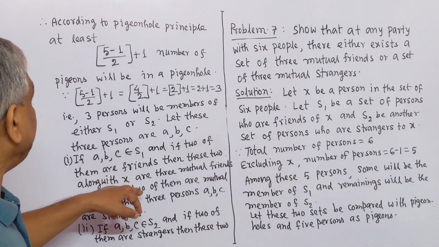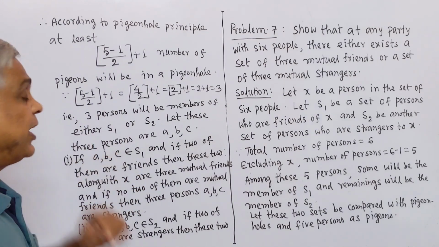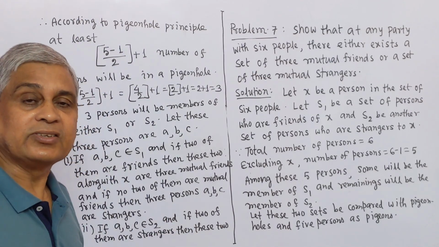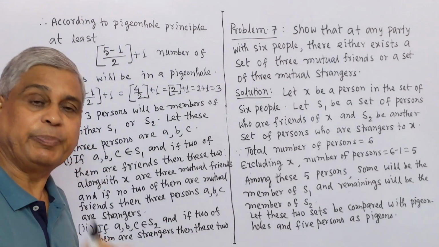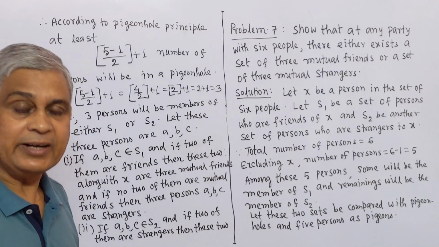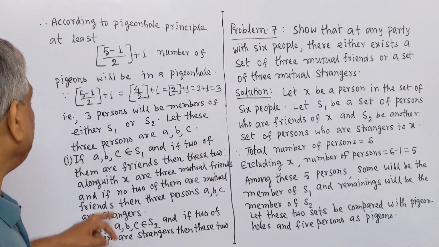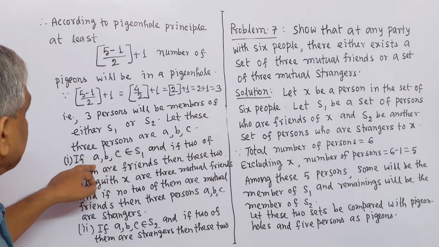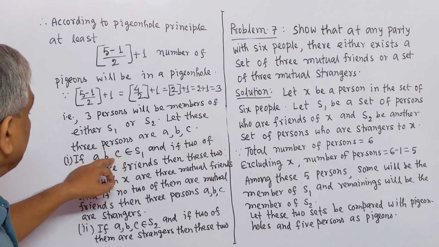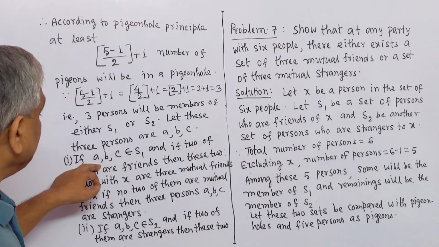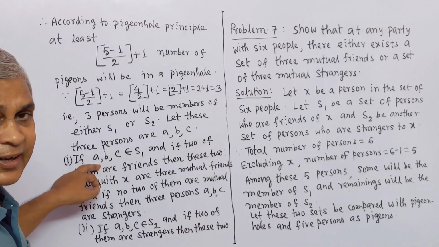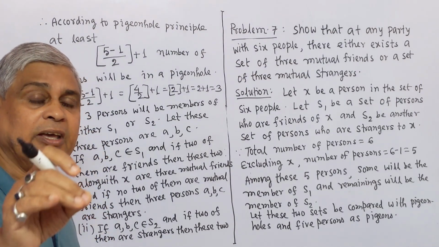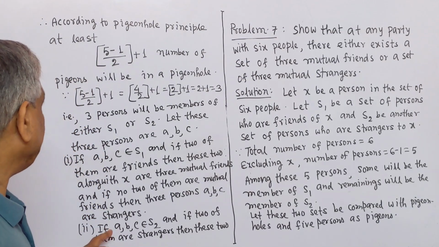It may be possible that A and C be friends, then these 2 along with X, that is 3 persons, will be friends. If no 2 of them are mutual friends, then all these 3 will be strangers, that is 3 persons of S1 will be strangers.